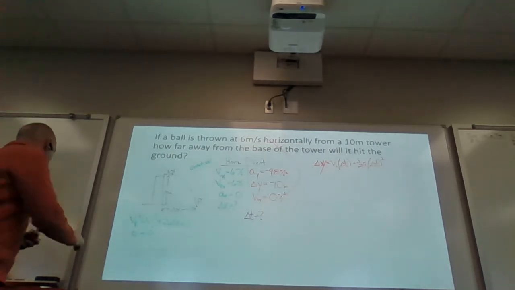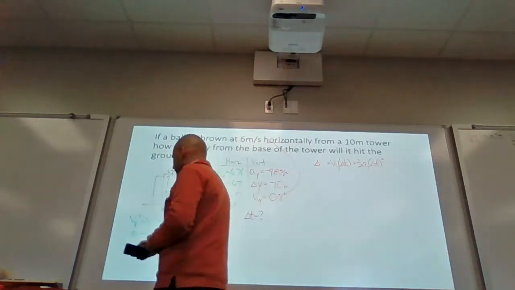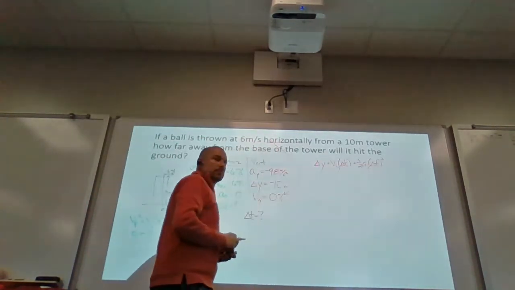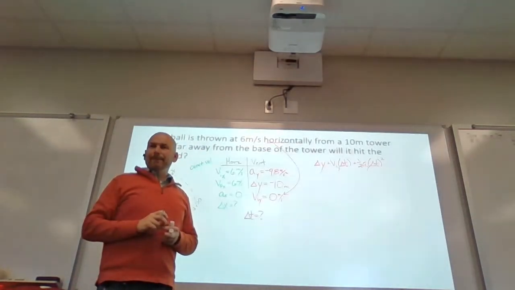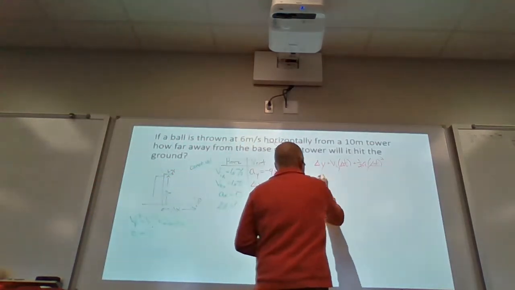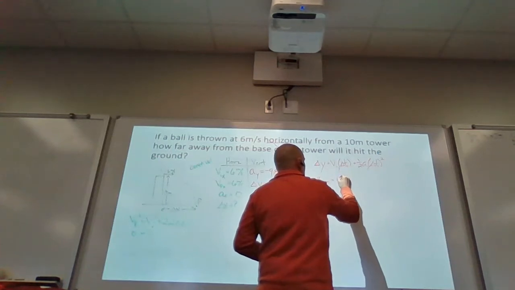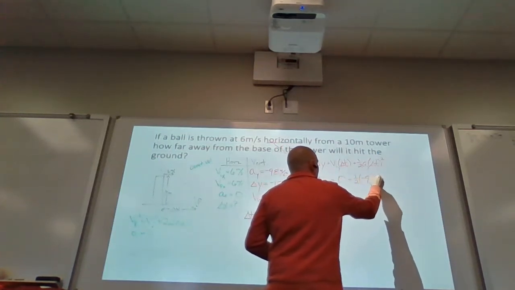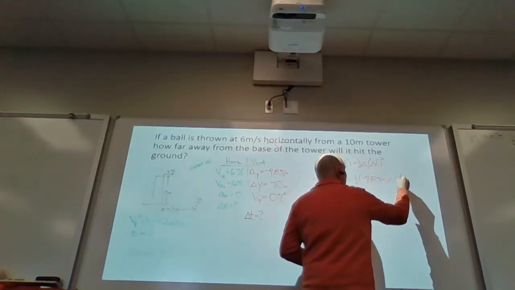So I just made that a delta y instead of a delta x. I didn't really change the equation. I'm just making it specific for the vertical. You okay with that? And then I can stick this in. Negative 10 meters is equal to 0 plus 1/2 negative 9.8 meters per second squared times delta t squared.